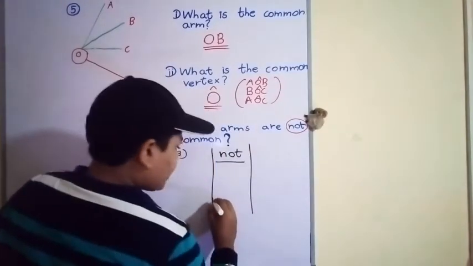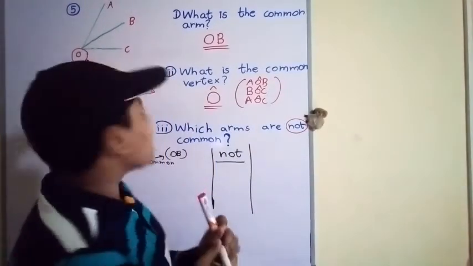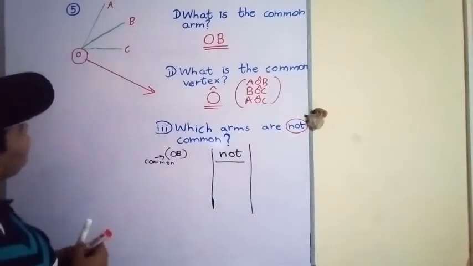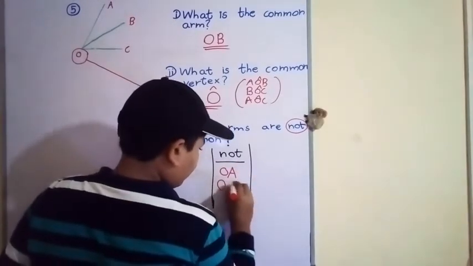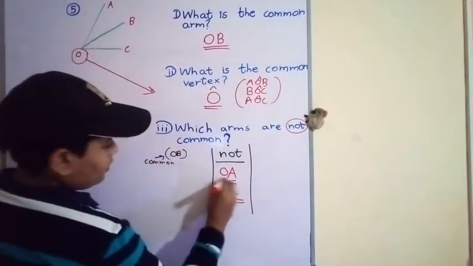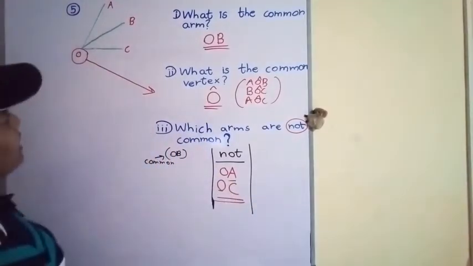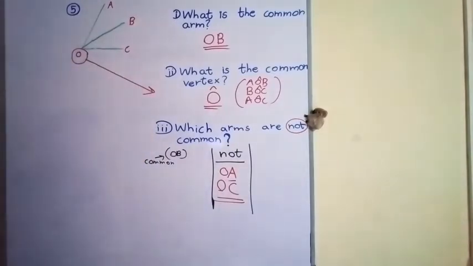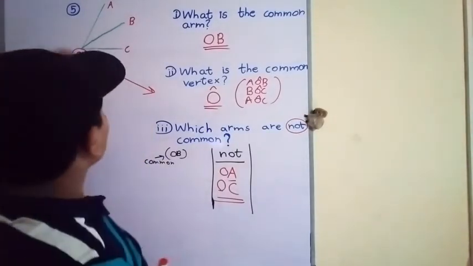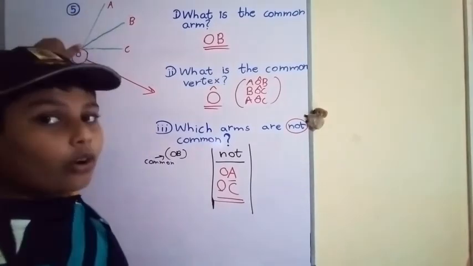Right? What are the not common arms in there? OA, OC. OA, OC. Right? Now, the common arm is OB. Now, not common arms are OA and OC.